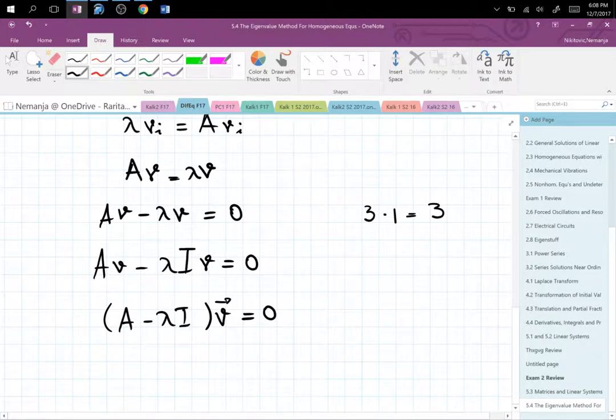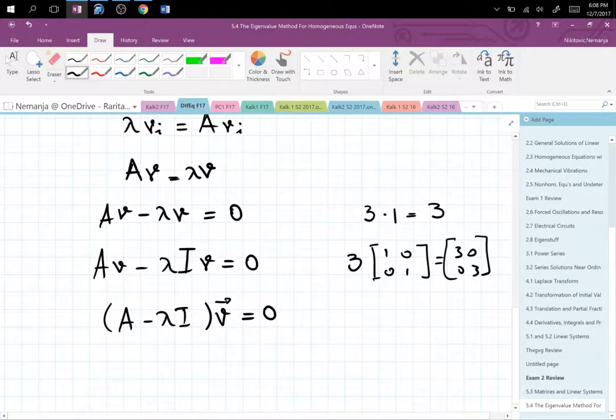Now, if I want to make this 3 into a multi-dimensional 3, I will go 3 times the matrix 1, 0, 0, 1, and you will get 3, 0, 0, 3 back. So you see that I went from having a constant times 1, to this identity 1 for 2 by 2, right? So the 2D space.